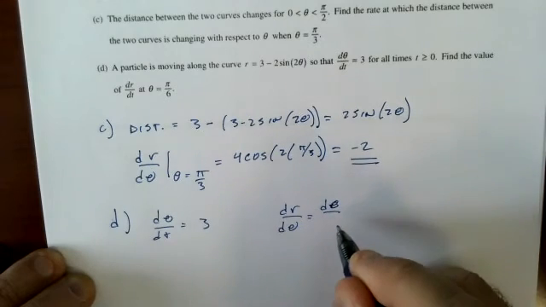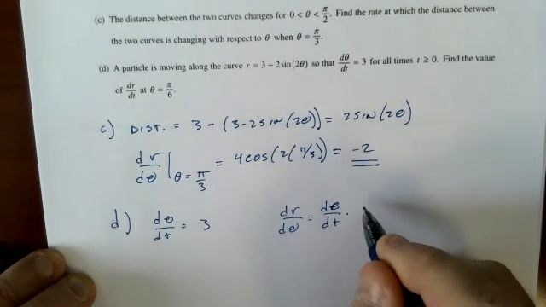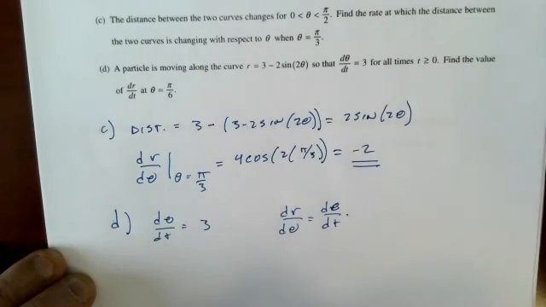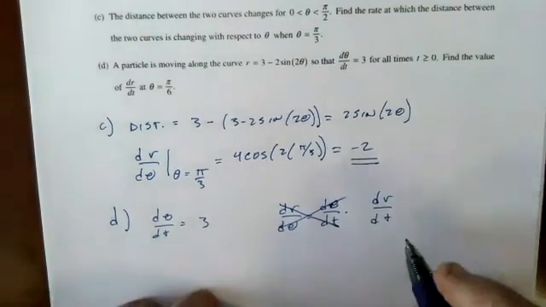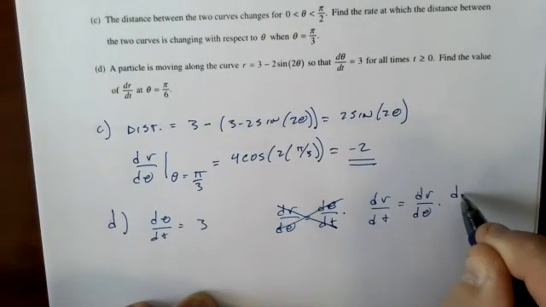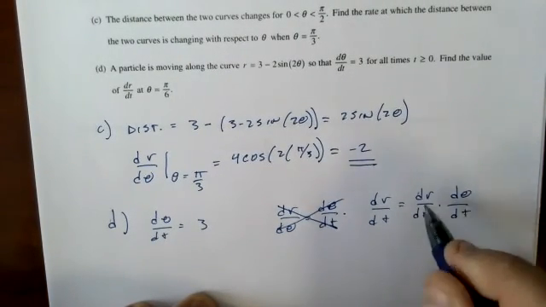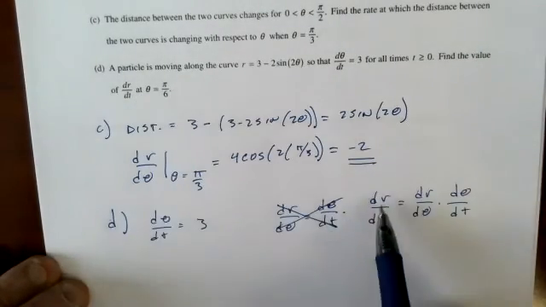Let's just write that in, see what happens. I'm lost. d theta dt times dt d... that doesn't work. Cross. dr dt. Aha! Gotcha. Equals dr d theta times d theta dt. Cross, cross. Looks good. That's 3. They want dr dt.